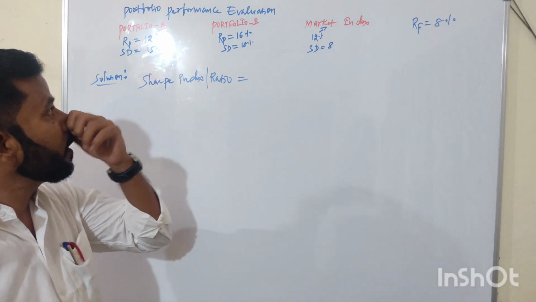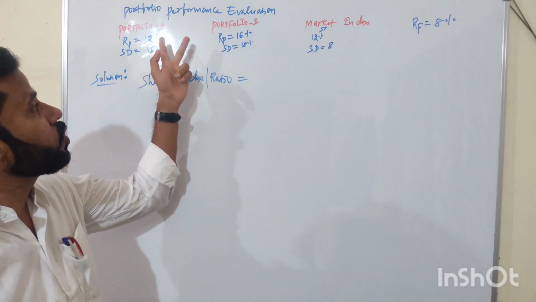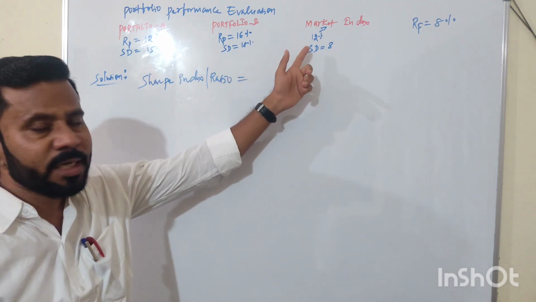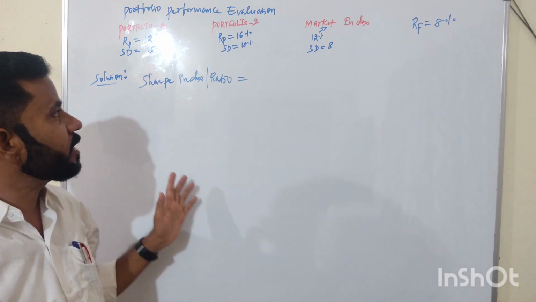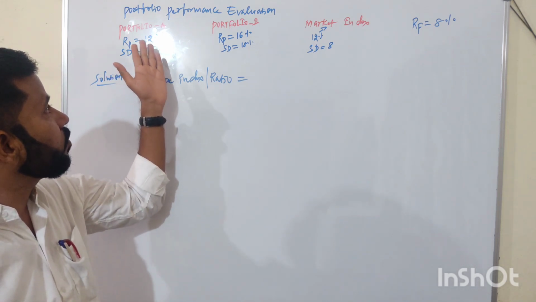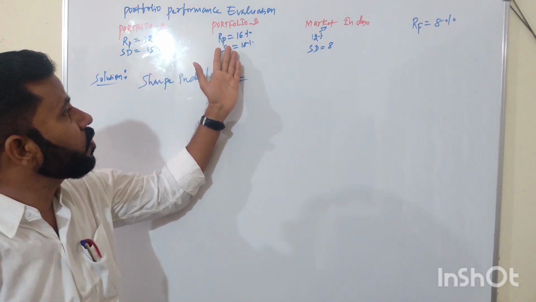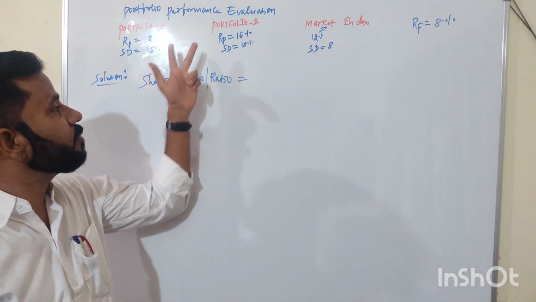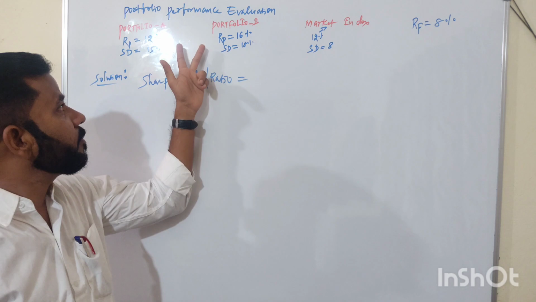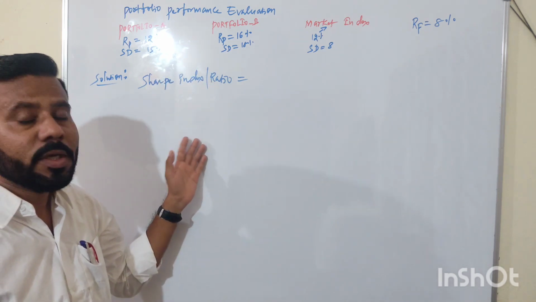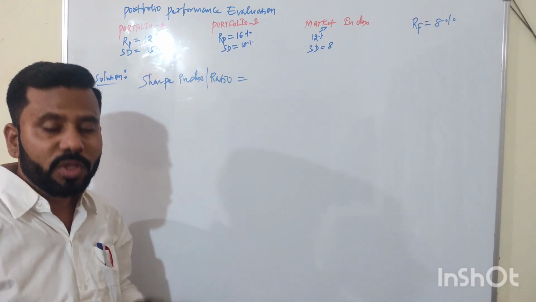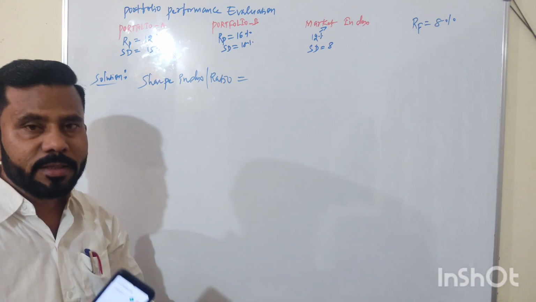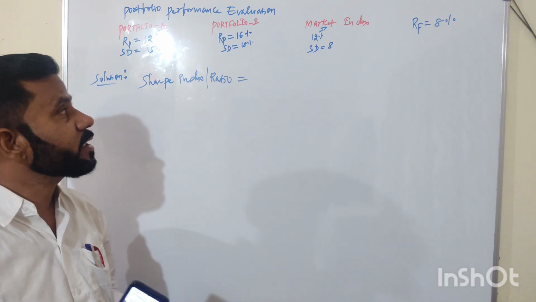So here also, two portfolios' information is given, and even the market index information is given. After finding out portfolio A, portfolio B and market index, we have to make a comparison. After making a comparison, we have to decide which is the best portfolio. So how do we decide which is the best one?